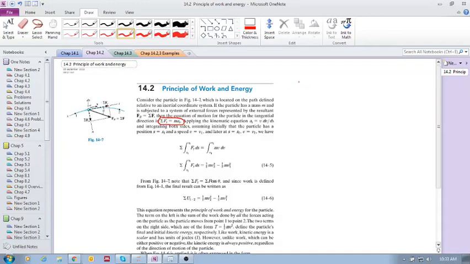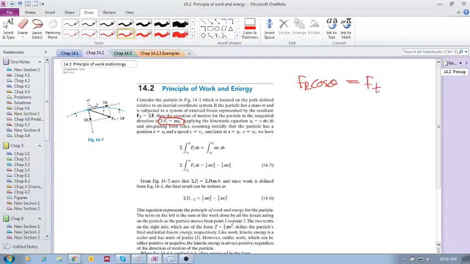So let's start then. We know that the cos theta component of the resultant force is going to give us work. It's going to be a force that does work because it's in the same direction as the motion, and this is equal to the tangential force.